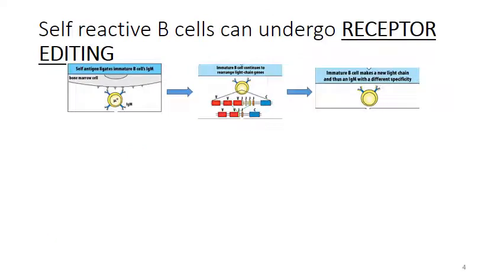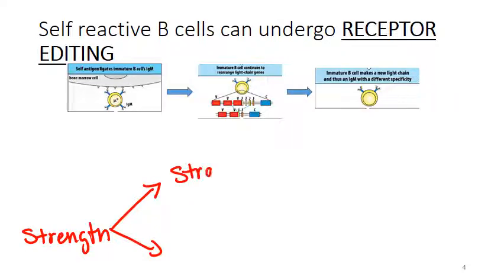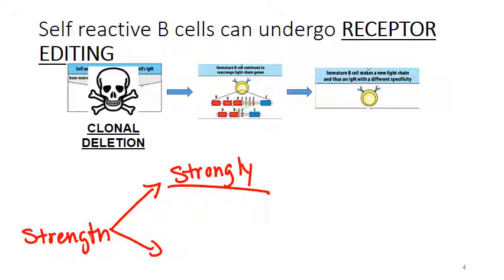So what is the testing process like? It's really about strength, okay? If the IgM on the surface binds strongly to a single self-antigen that is abundantly expressed throughout the body and therefore also present in your bone marrow, through the work of AIRE, that autoimmune regulator gene, then we're going to see death.